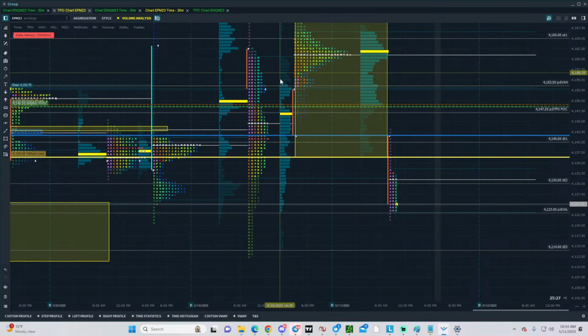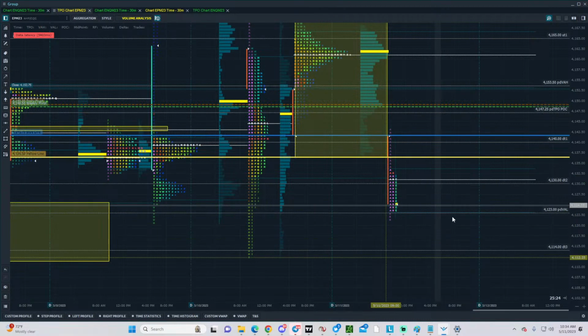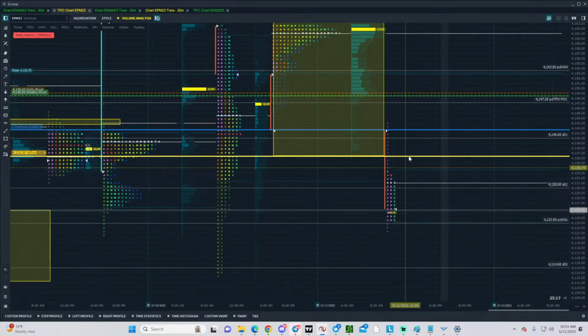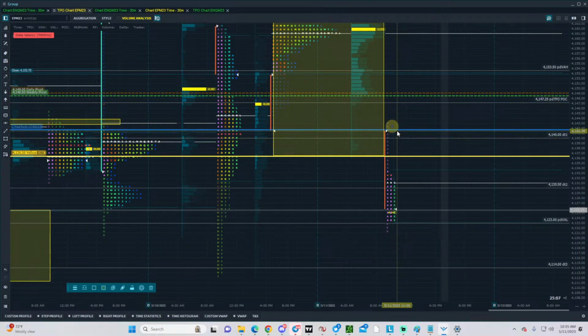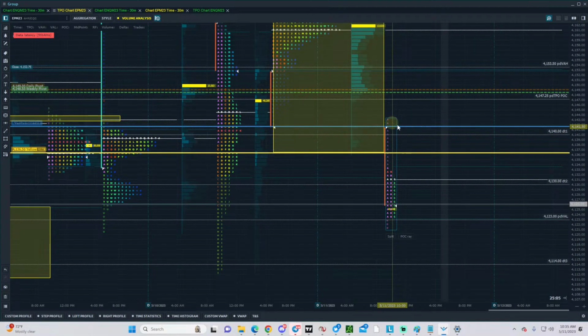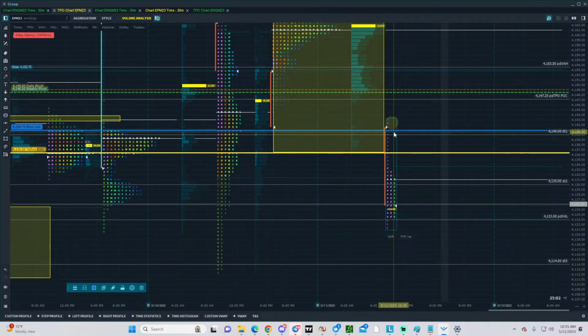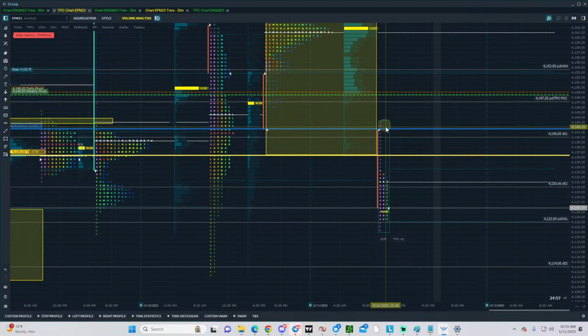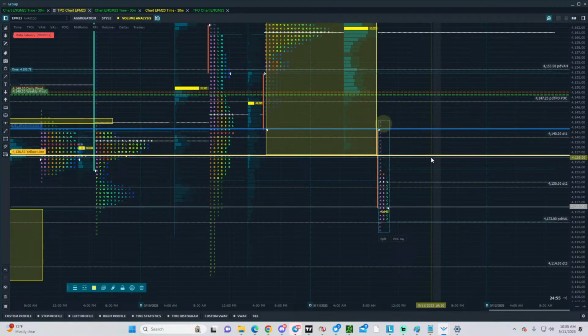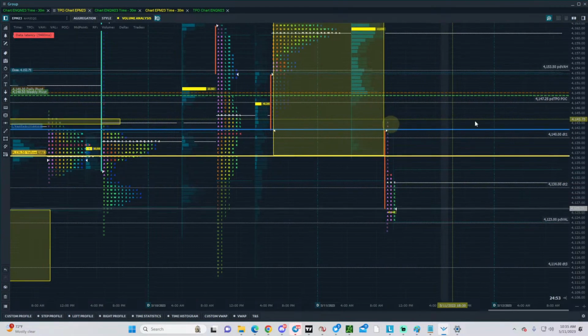Like I said before, you can see the volume profile here, and you can see the 50-day value area low. When we open today, we open right around here, and I'm going to explain this to you in a candlestick chart. We open right around here. You see the arrow there and the blue line. That's where we open, right around this area.